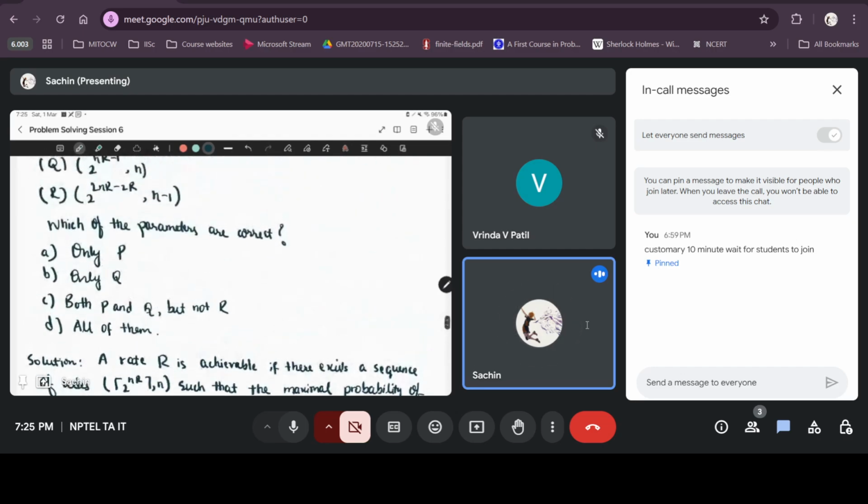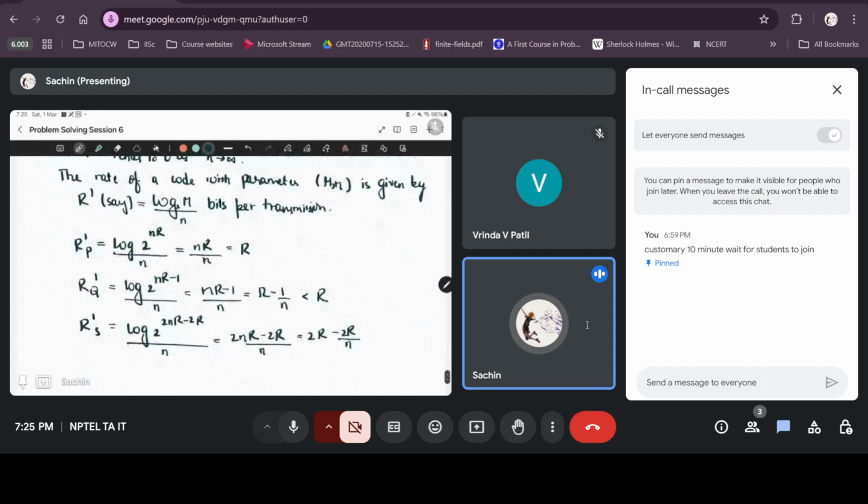The length was actually n minus 1, so we'll have to leave it at that. Then you can take 2R common, you will be left with n minus 1 by n and so on. So the rate is about 2R, which is greater than R.